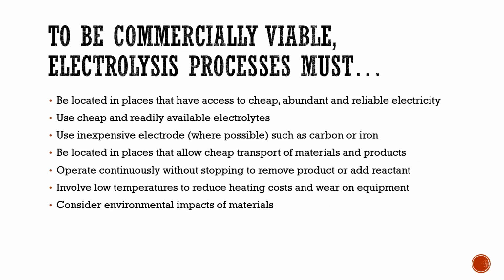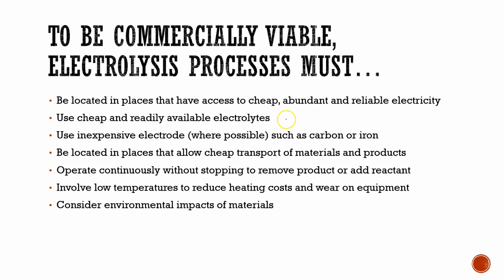In order for production of chemicals by electrolysis to be viable for commercial production, we need to consider a number of things that can complicate the costs of the production. We need to consider locations that have access to cheap, abundant, reliable electricity, because we're going to need that for the process.